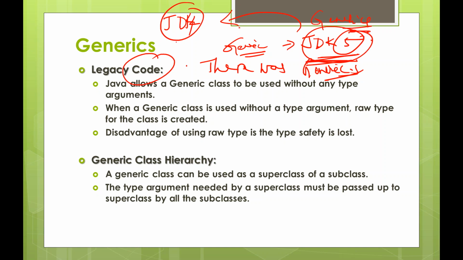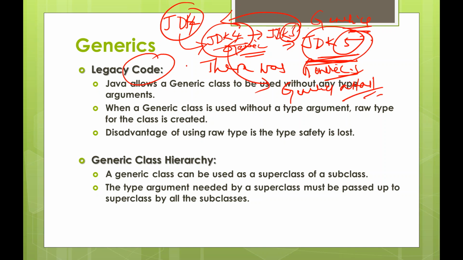So if you want to migrate code from JDK 4 to JDK 5, whatever code you have in JDK 4 is not at all aware of what generics are.